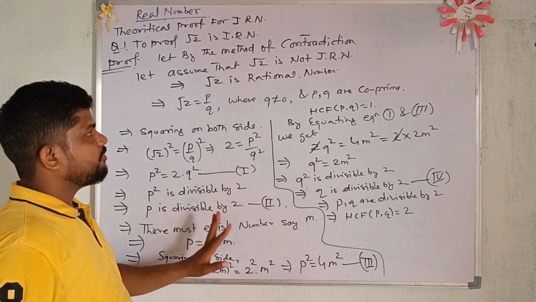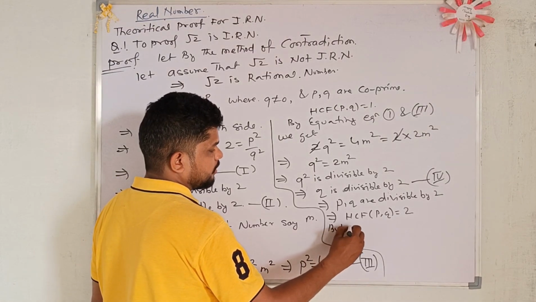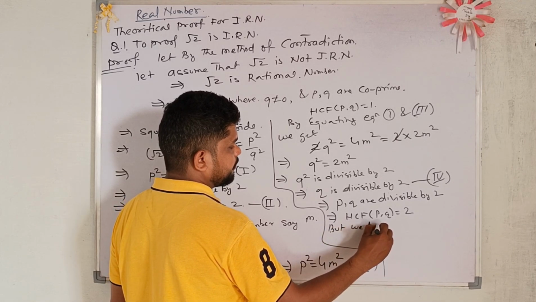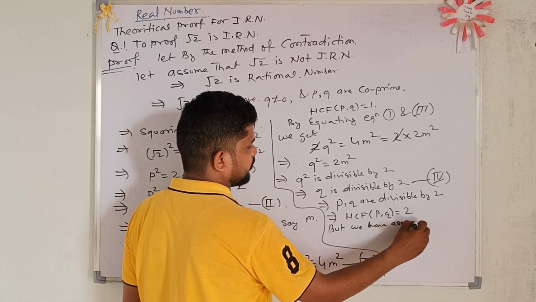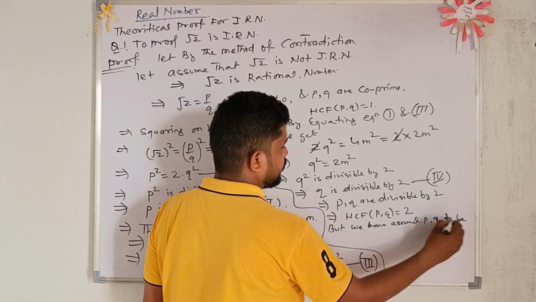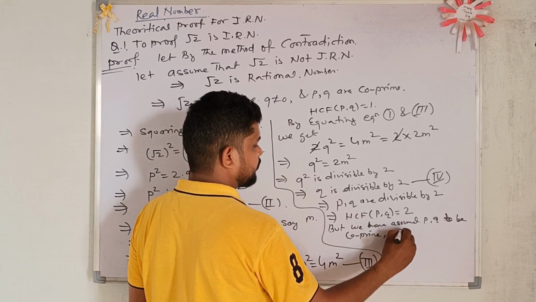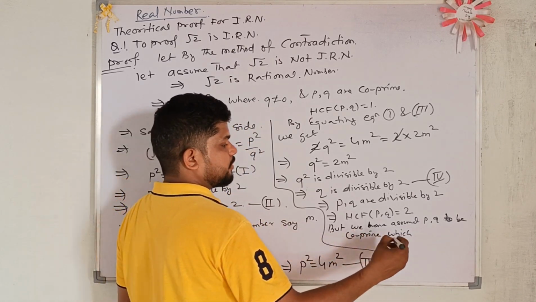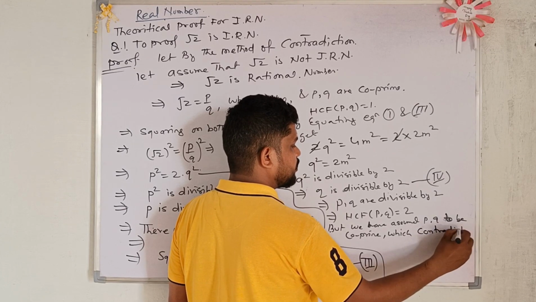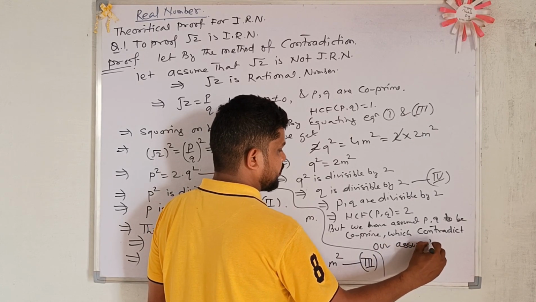So here we have a contradiction. We assumed p and q to be co-prime, which contradicts our assumption.